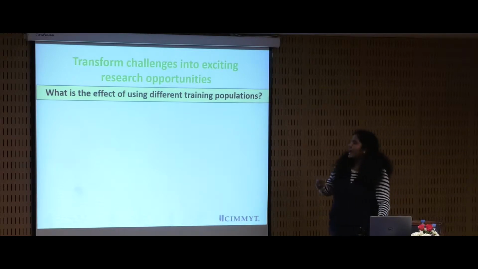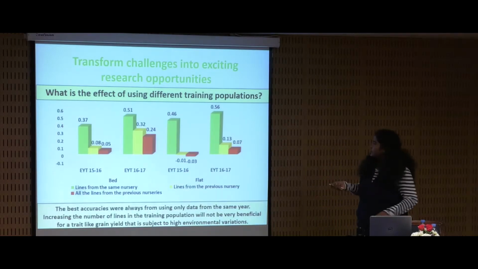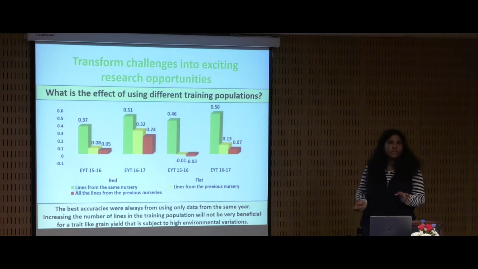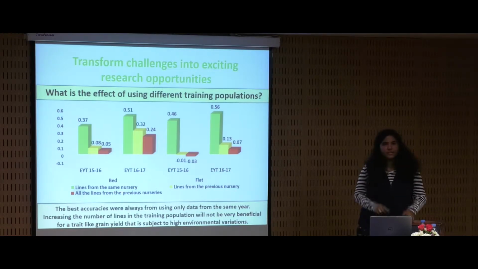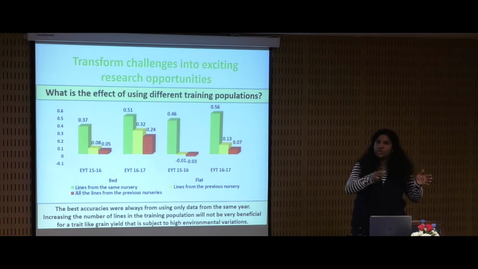And then I wanted to look at what is the effect of using these different training populations. So here I have 3 different training populations. If you use lines from the same nursery, which is nothing but cross-validation, and then if you use lines from the previous nursery, which are those in yellow, and if you use lines from all the previous nurseries, so that is using 3 or 4 years of previous years' data.